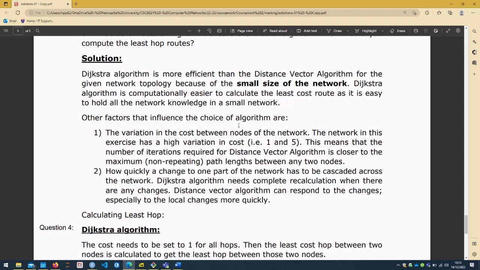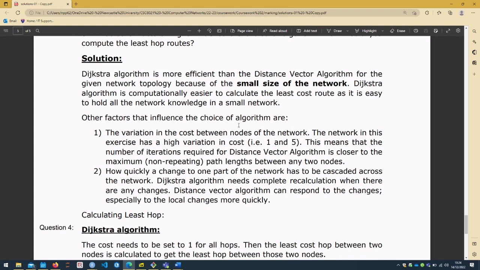Other factors it might bring up as well are the variation in the costs across the network. The distance vector algorithm needs many iterations to find the best cost if there's a big difference between the costs of the links.